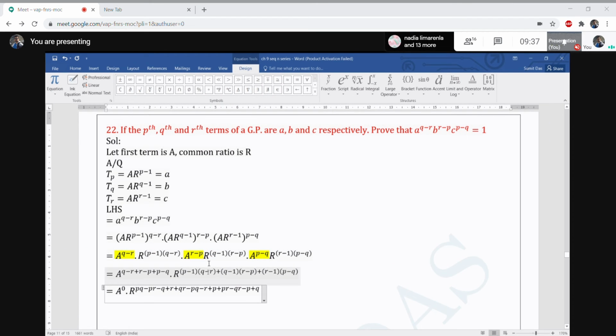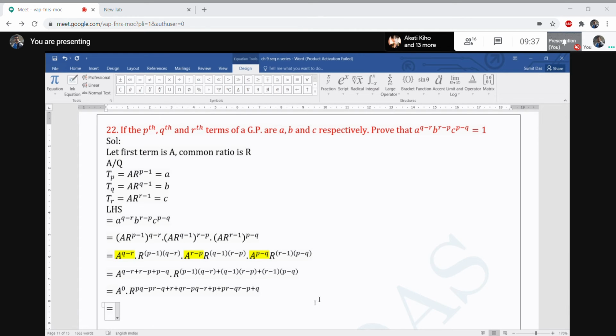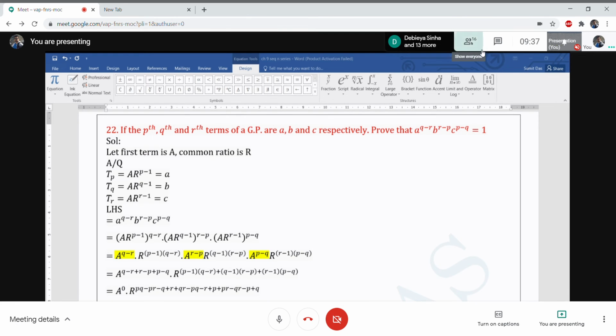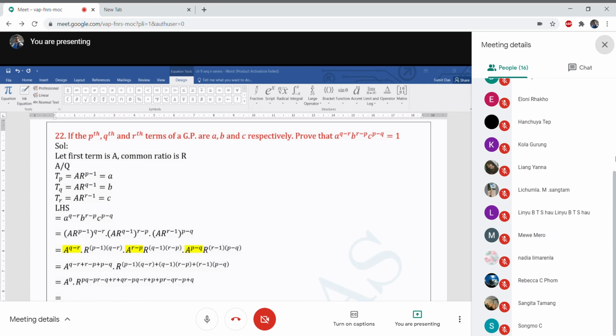Next line: can anyone tell me the value of A to the power 0? Sangeeta, please tell me what A to the power 0 is.